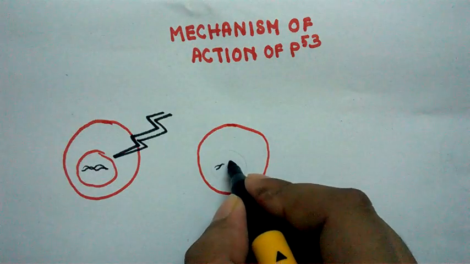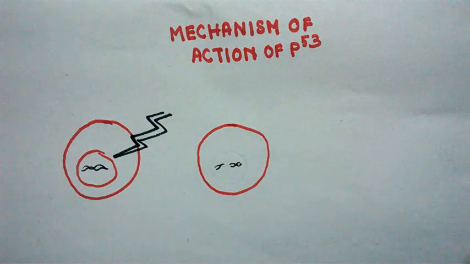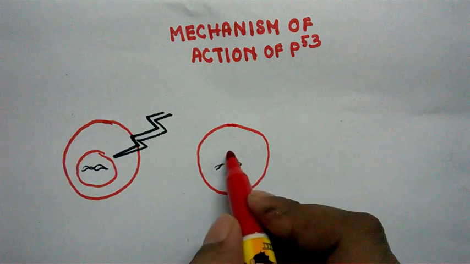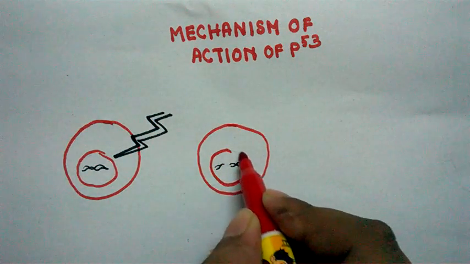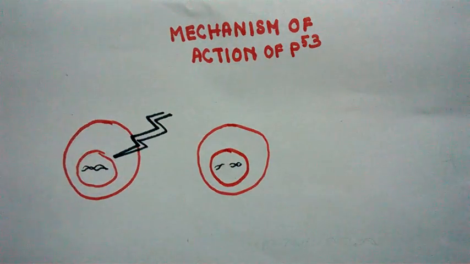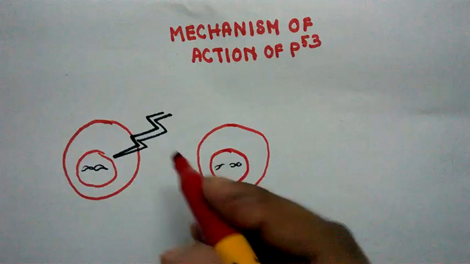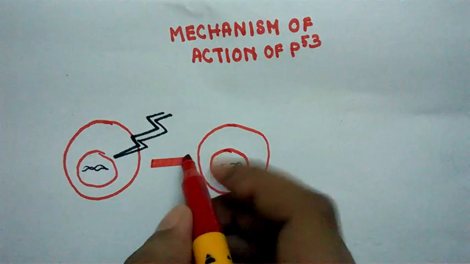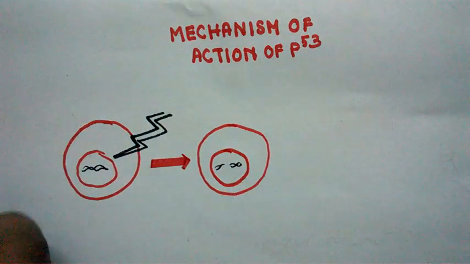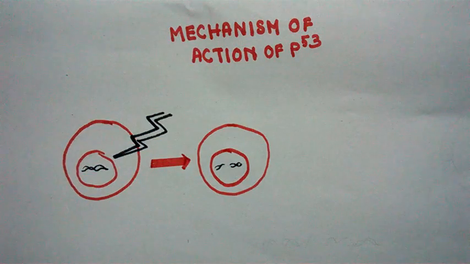As a result there is a double strand DNA break, which is a very common DNA lesion. Now we will see how the cell behaves when there are such DNA lesions.